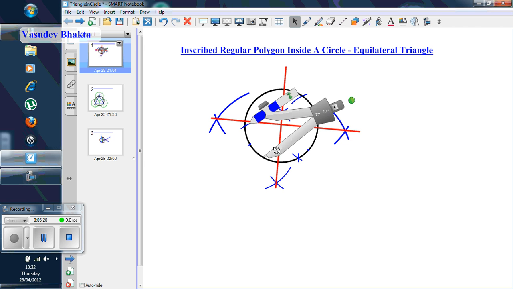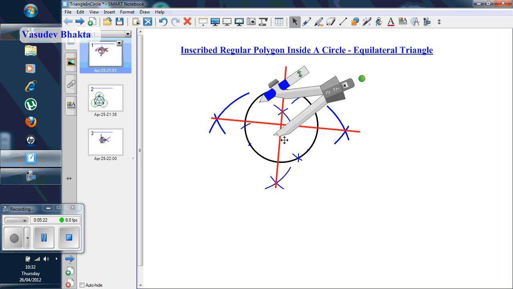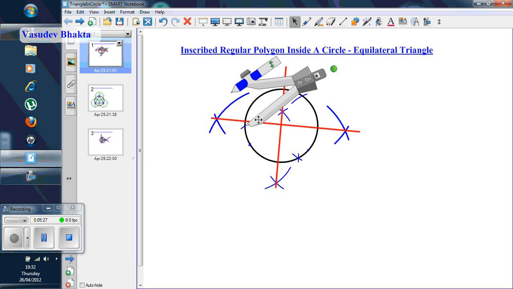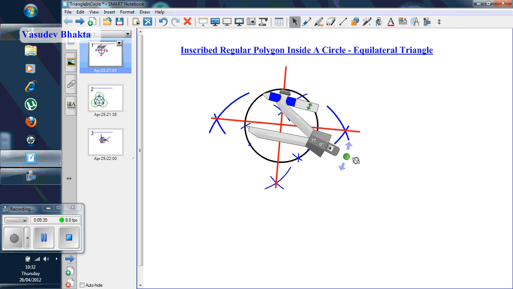Again, we need to move the compass such that the point of the compass is resting on there. You can literally mark that point there, so you can easily shift the compass directly where you want it, but what I'm trying to do is not do that.